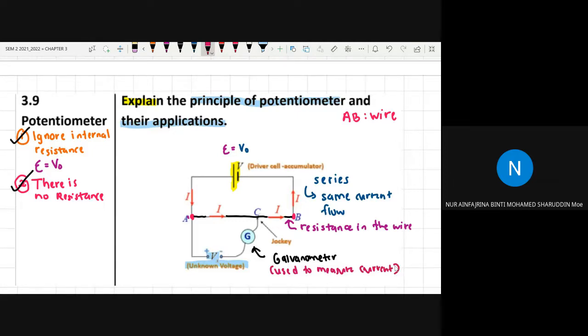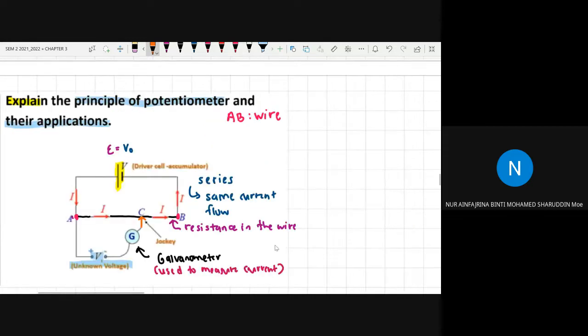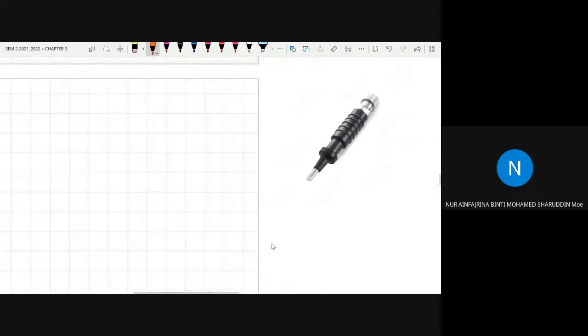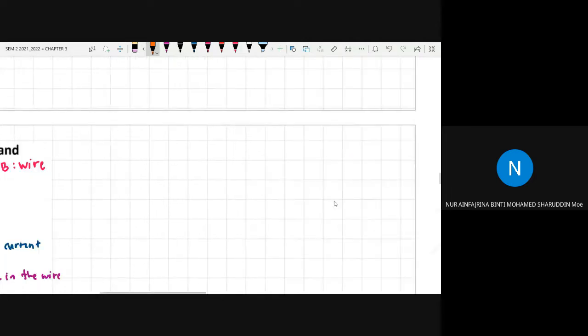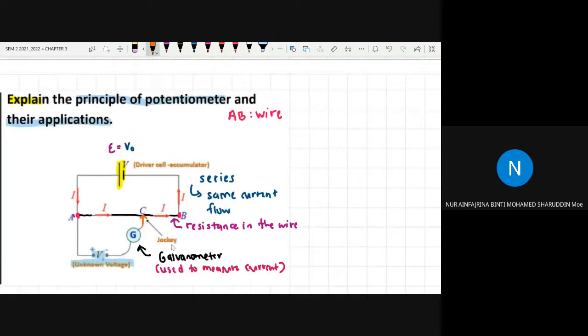Okay, then lepas itu Miss akan ada jockey. So jockey ni something like this. Okay, jockey ini dia adalah macam bentuk pen ni. I don't know whether you have seen it or not, but this is the jockey. Okay, jockey ni maksudnya Miss boleh gerakkan jockey ini along the wire AB.